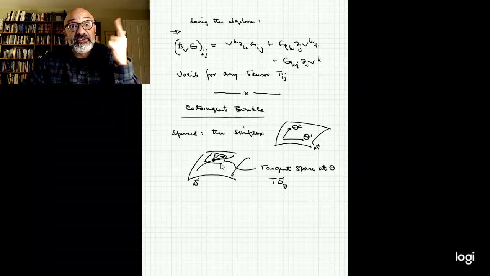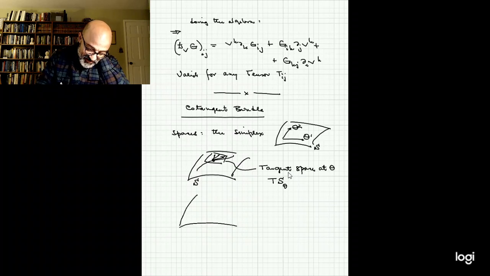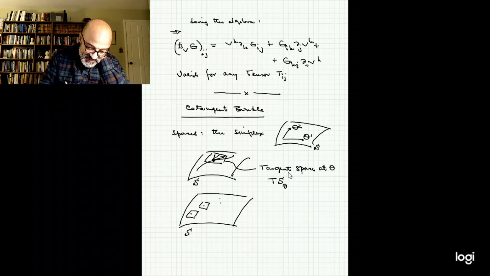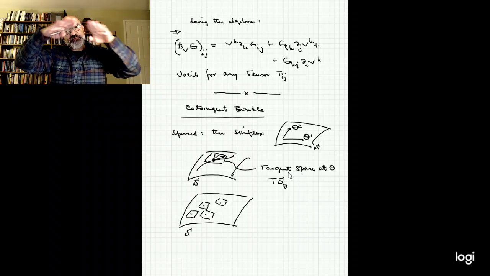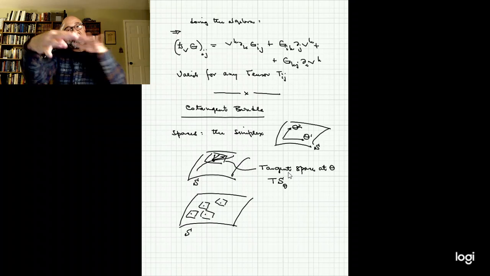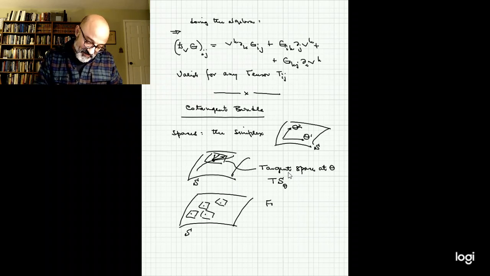These are possible velocities, right? Now, if you imagine what happens with the set of not only the simplex, but all the possible tangent spaces that you have there. So you have this base space, and at each point you have the various tangent spaces. This is called a fiber bundle.